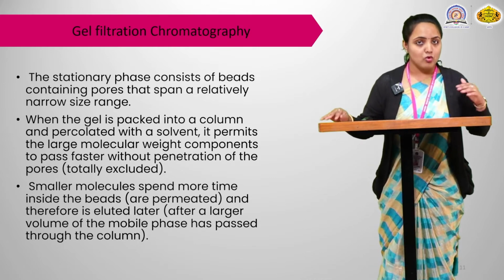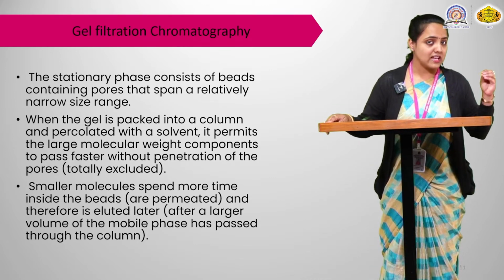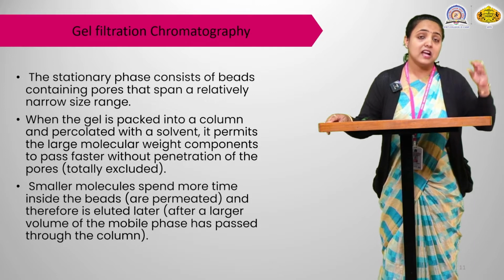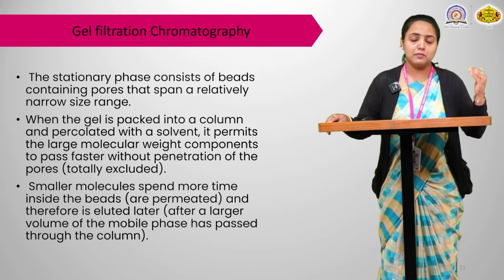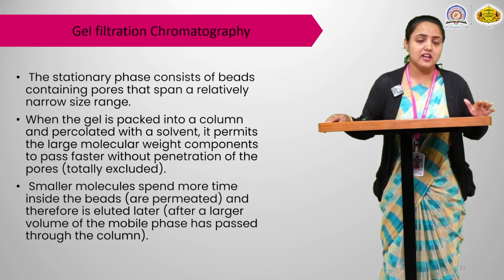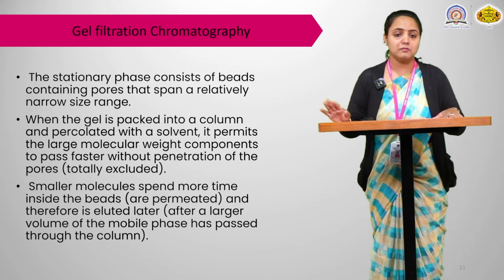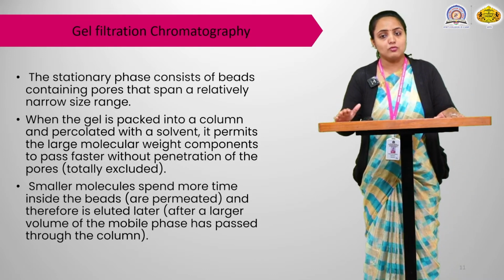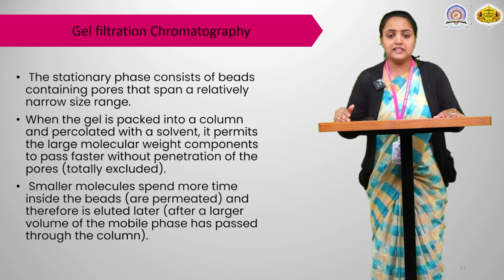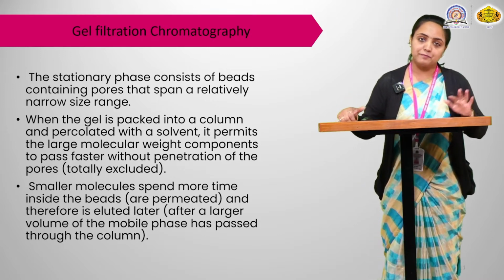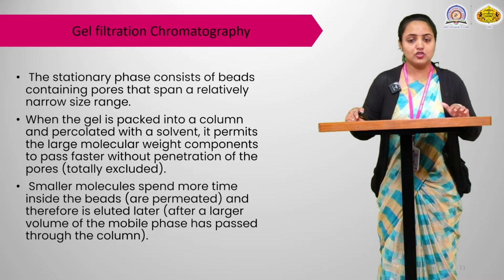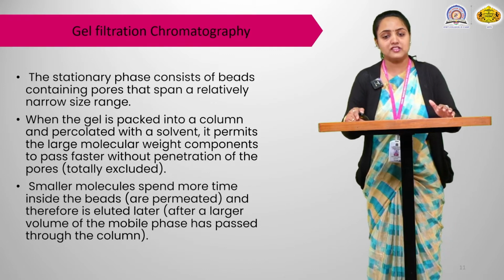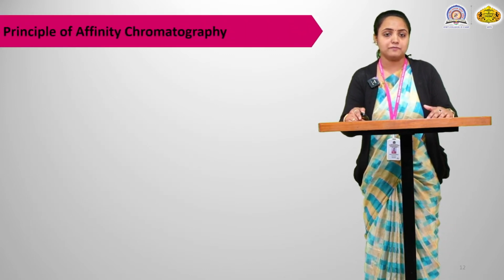Smaller molecules spend more time inside the beads because they are entrapped in them. Larger molecules percolate at a faster rate and are excluded from the column. Smaller molecules spend more time inside the beads and are therefore eluted later, while the larger molecules pass through the column first with the mobile phase.